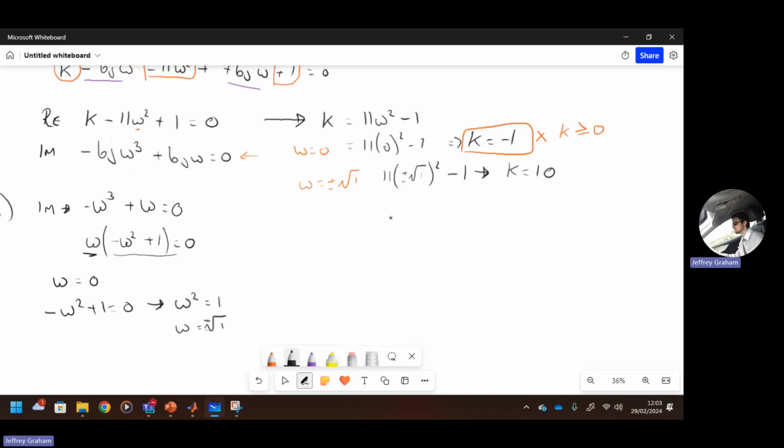So what this is telling us, gain's 10. The system should be neutrally stable. Right. And verify that, yeah.